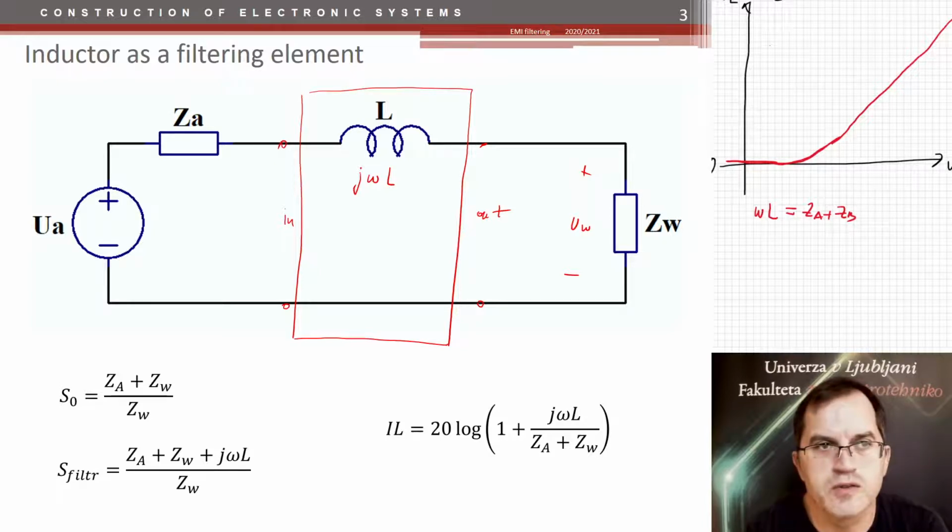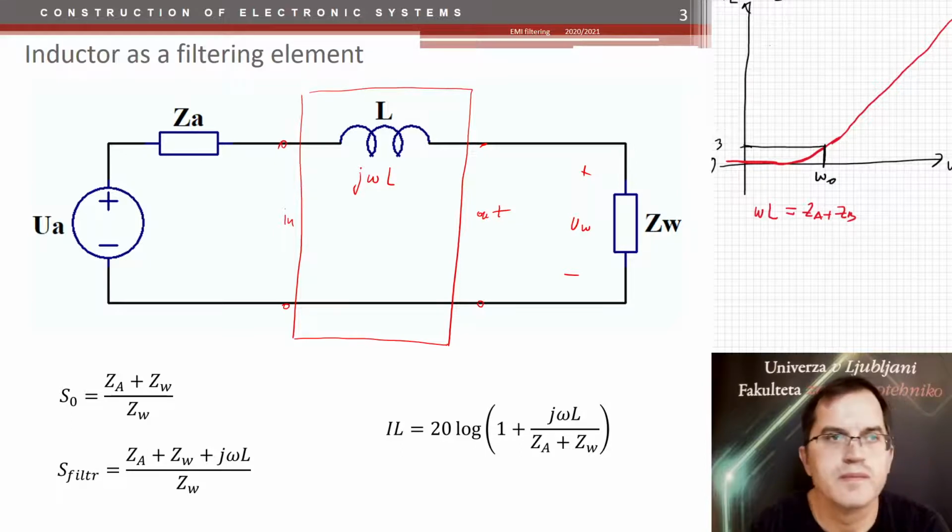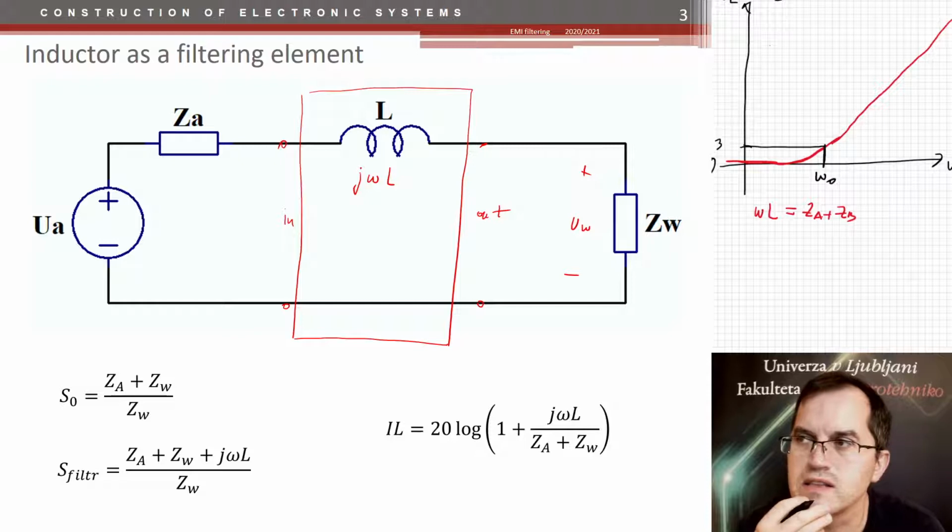A square root of 2 in logarithmic scale is 3 decibels. So the 3 decibels is the corner frequency, ω0. All right. So that's how the insertion loss would look if you put a coil inside.